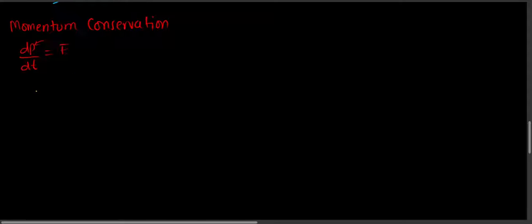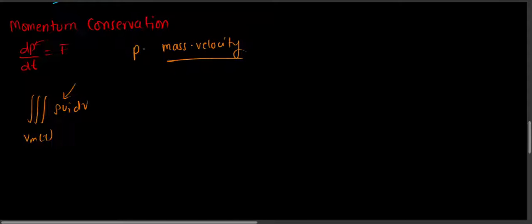So what we are going to do here is, let's say that the momentum can be given over the whole control volume as rho ui dV, where ui is nothing but the velocity of that particular particle which I am using in the integration, because we know that momentum is mass times velocity. We sometimes use that term as well. So momentum is mass times velocity, and that's exactly what I'm doing here.